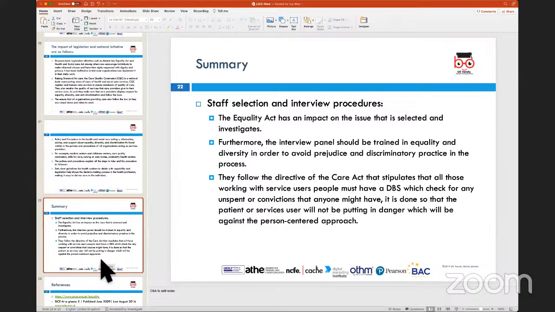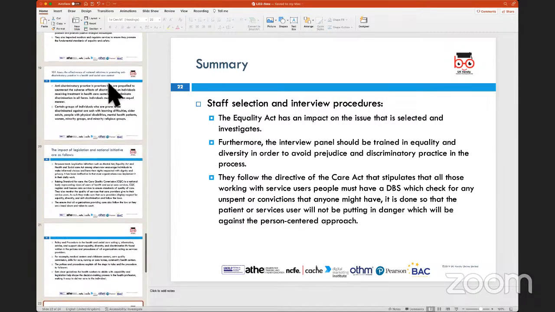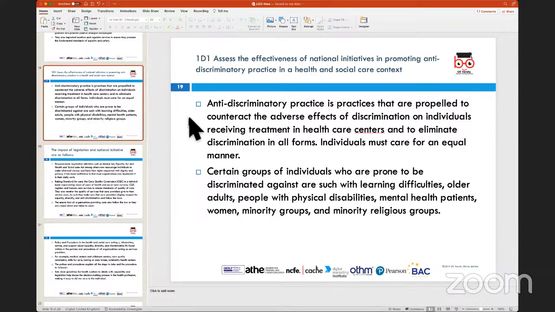So whichever example you take, whether it's learning and development of staff, staff training, recruitment policies, or the policies and procedures released by the government in terms of acts and legislation, you would need to present the for and against, the benefits and disadvantages, and then relate them to how they contribute to anti-discriminatory practice within a health and social care setup.